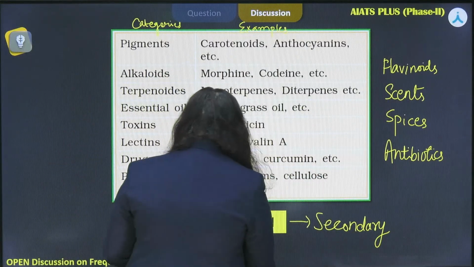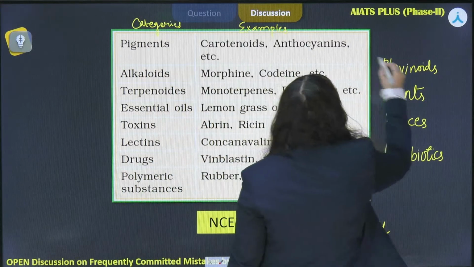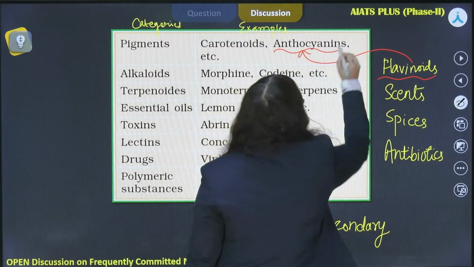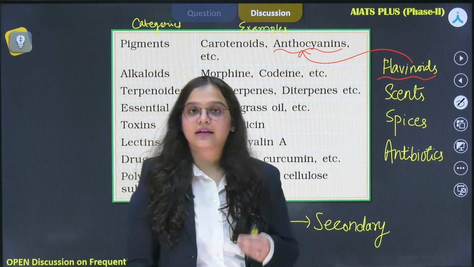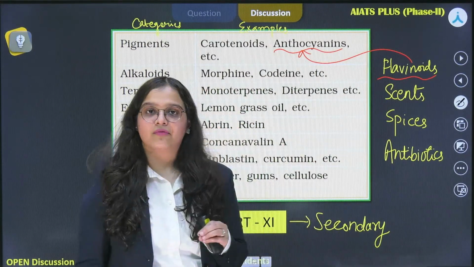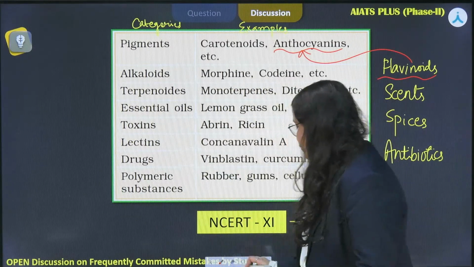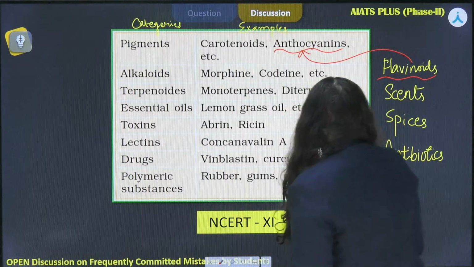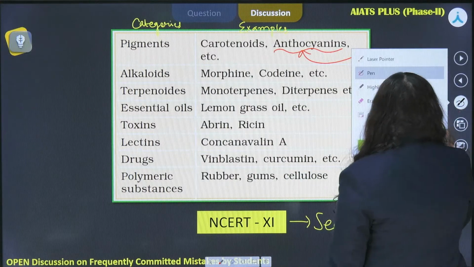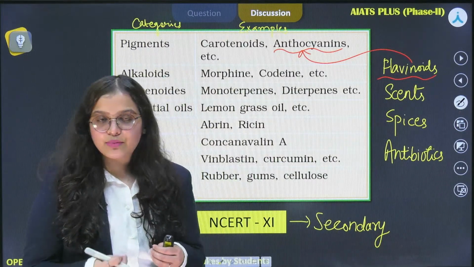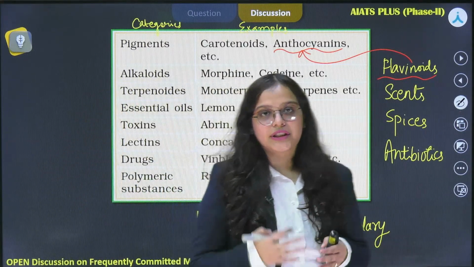And for the example of flavonoids, we have anthocyanin, as anthocyanins are categorized as flavonoids. Also, there was a question in NEET 2019 from the names of the secondary metabolites which is not mentioned in the NCERT.